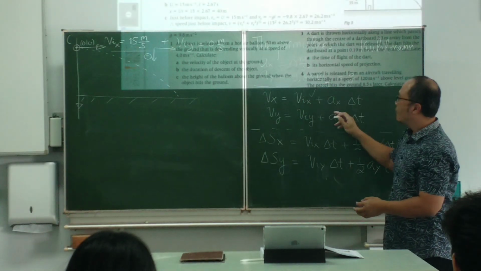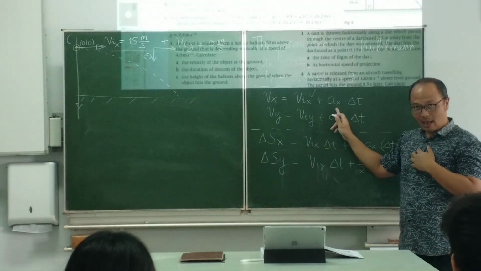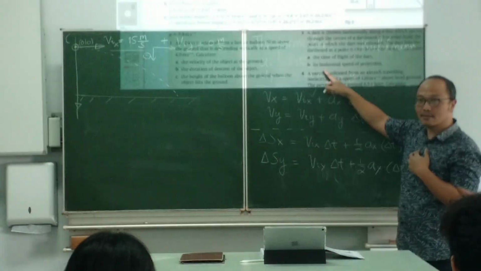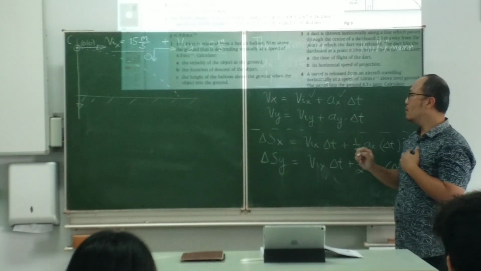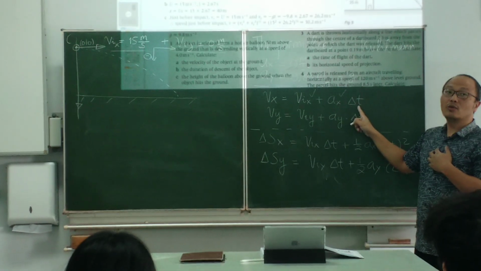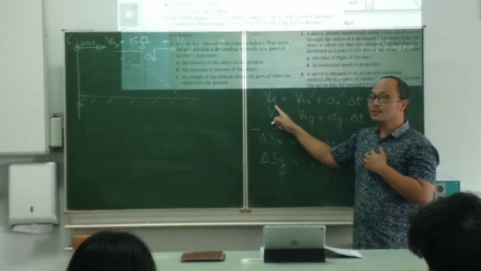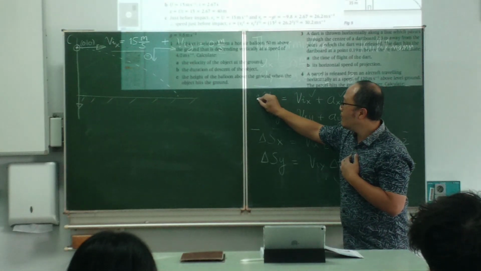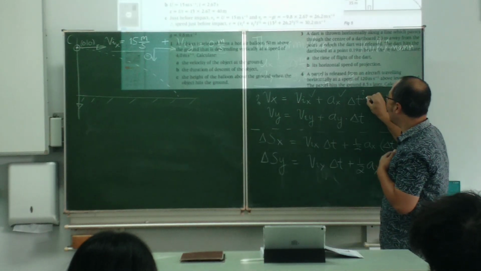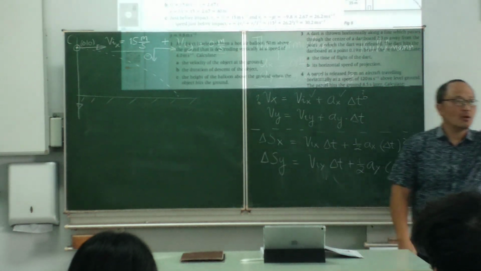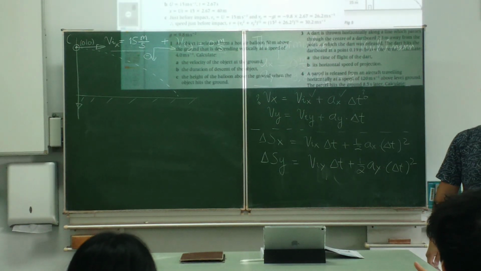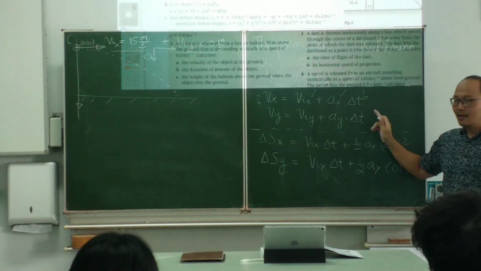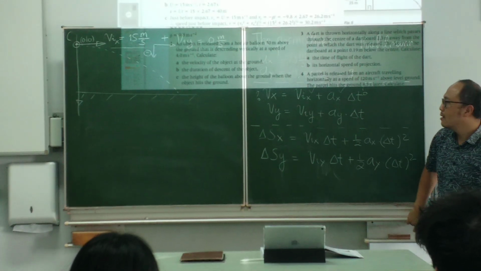Ax, you know, which is 0. Delta t, you want to look for. Vx, you do not know, correct? One equation with two unknowns. Is it possible to find the delta t? Cannot.